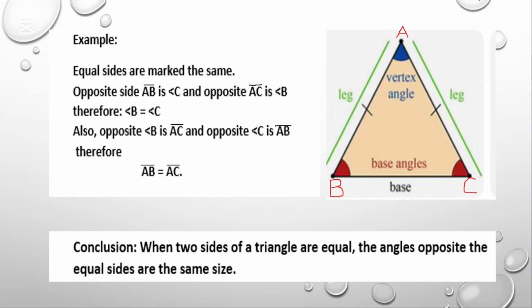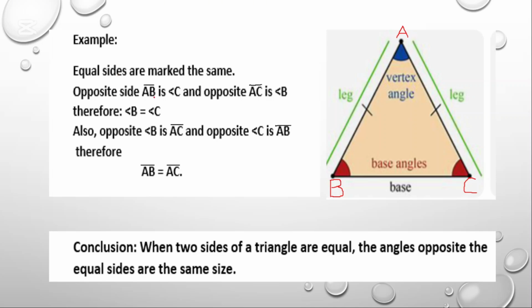Let us check this figure over here. Equal sides are marked the same. So over here, I have two lines to show you that these two sides are the same.